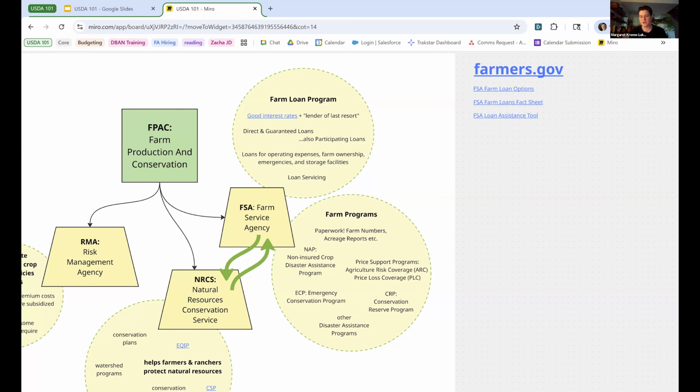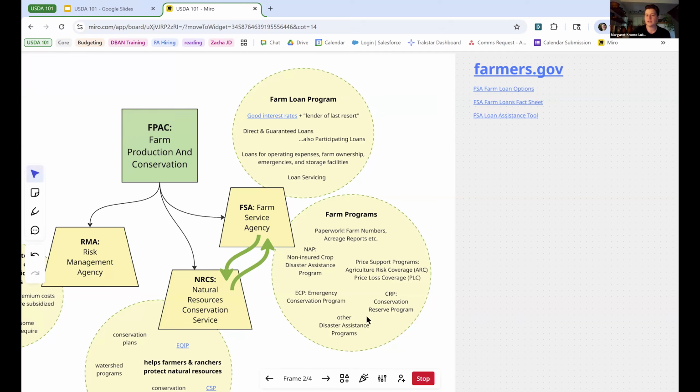The payment rates are much lower, but it will get a farmer established in the kinds of paperwork that may set them up to have an easier time applying for other programs. And it is called non-insured crop disaster assistance because it will cover things that don't have a particular crop insurance based policy.